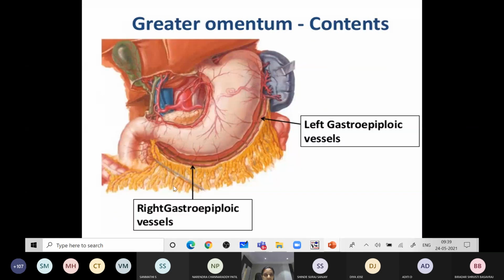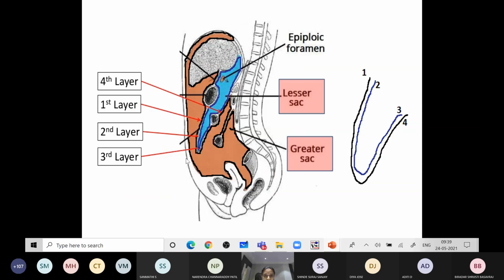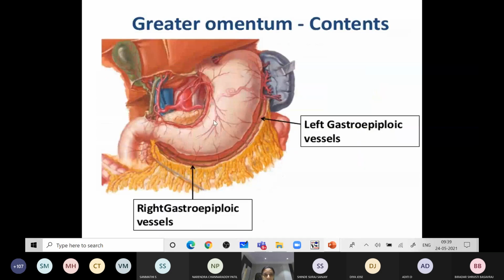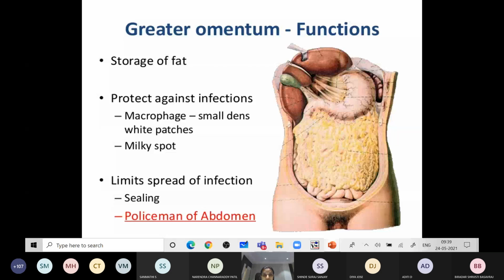Then between the third and fourth layer, there is a space, the lesser sac; peritoneum of the lesser sac will be there. That's the content. And the transverse mesocolon, as it extends behind, contains the vessels which supply the transverse colon. And a variable amount of fat will be there.